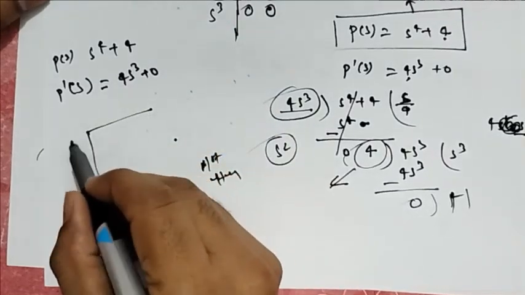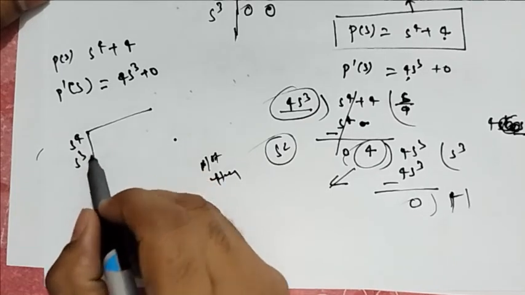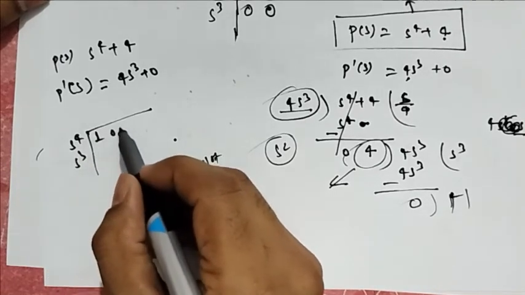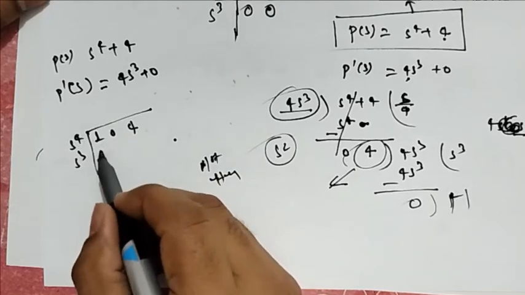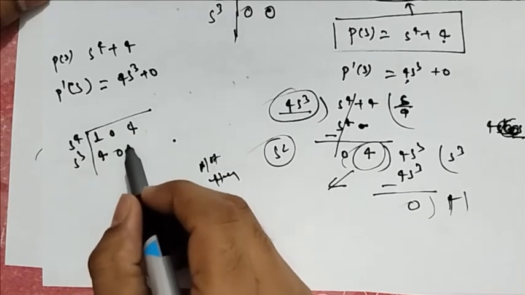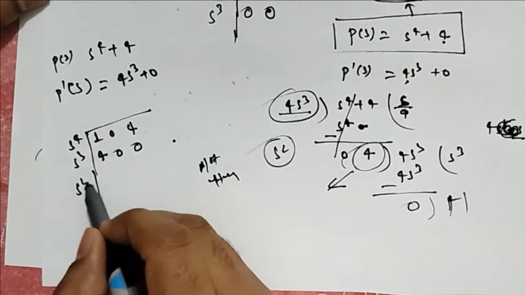Now if I make this array as s to the power 3, 2, 1, 0, this is 4, 0, 0.